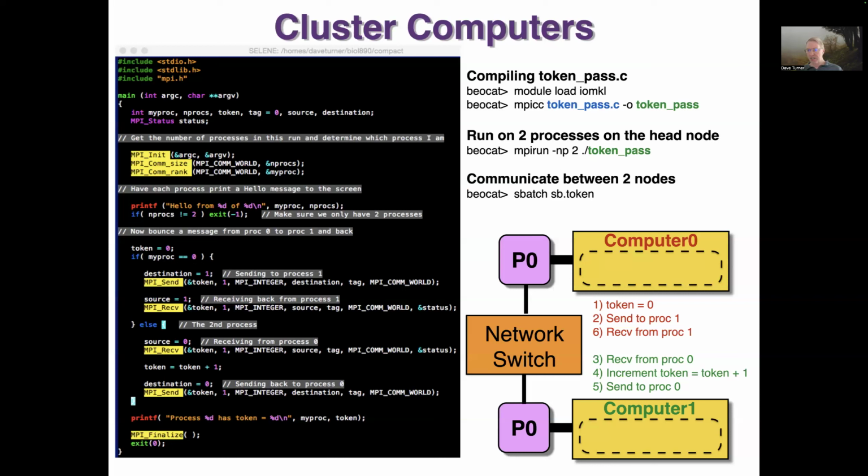So all we're doing is passing a variable from computer 0 across the network to computer 1, adding 1 to it, and sending it back. But this gives you a little idea of the manual nature of using MPI to send data between computers.